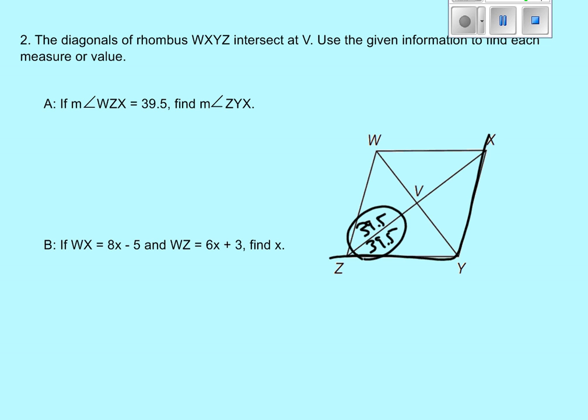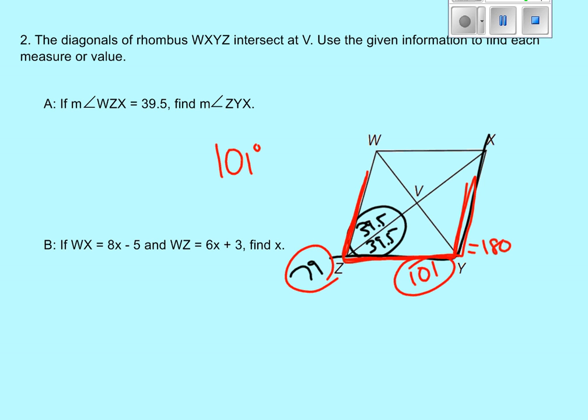So that whole thing is 79. This is still a parallelogram, folks. That means these 2 angles right there are supplementary, meaning they add up to 180. So if this is 79, this guy's got to be 101. So ZYX has got to be 101 degrees.